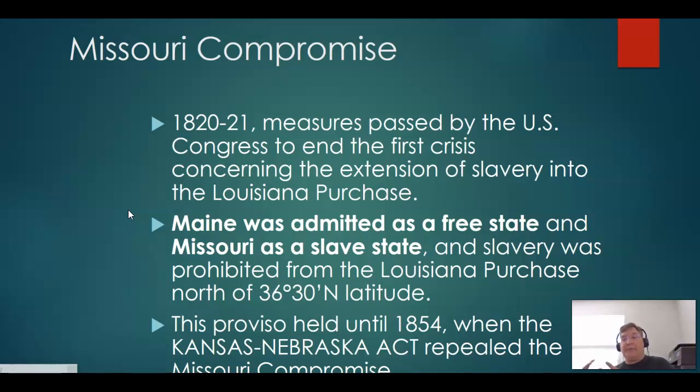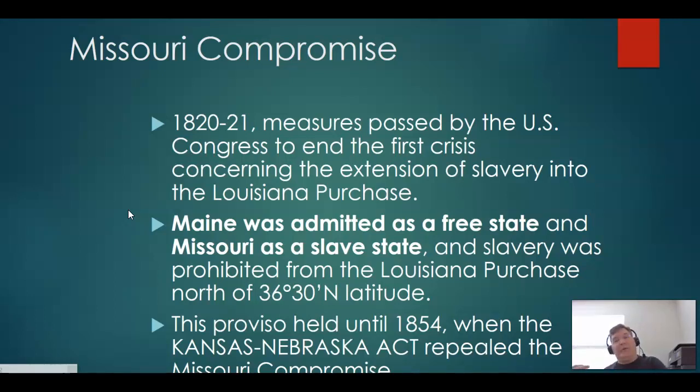Henry Clay was the great compromiser, and he worked on this. We allow Missouri to come in as a slave state, but we also at the same time allow Maine to come in as a free state, and we preserve that balance.